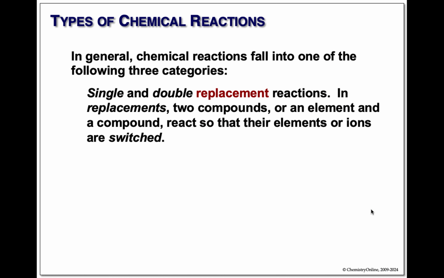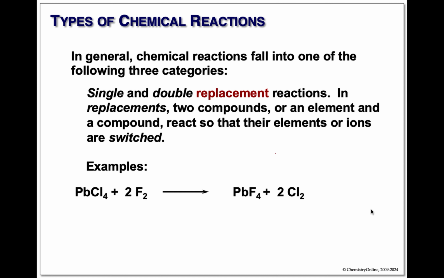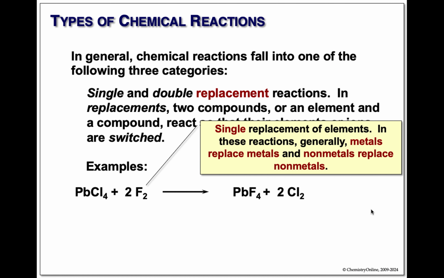Displacement reactions. We will have both single and double replacement reactions. In replacements, two compounds, or an element and a compound, react so that they are switched. Okay? This is a single replacement reaction. We have an element and a compound reacting to give an element and a compound.